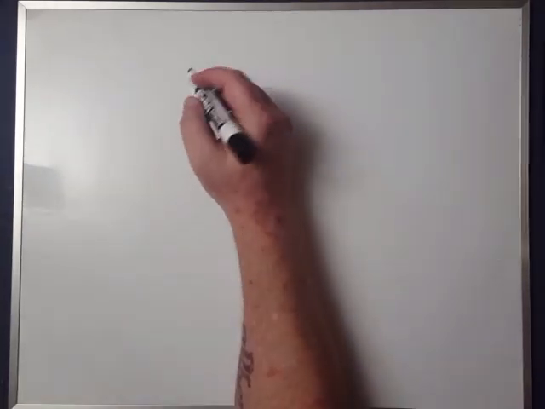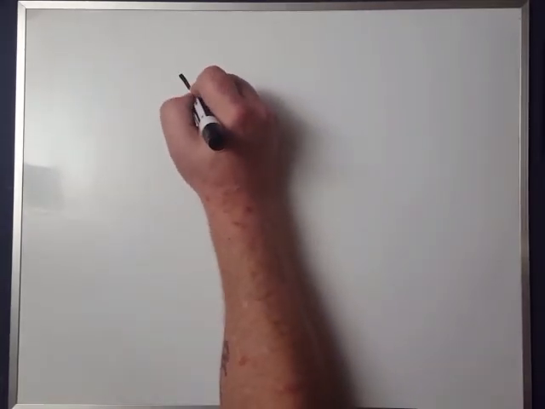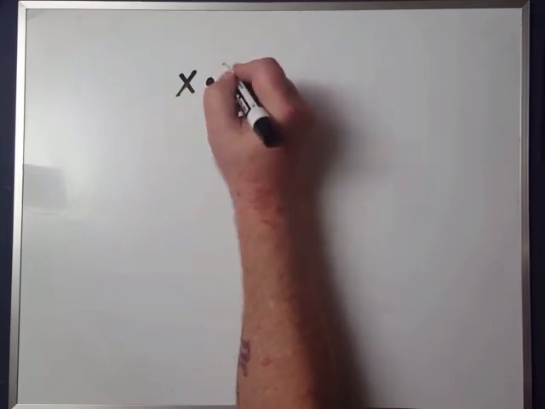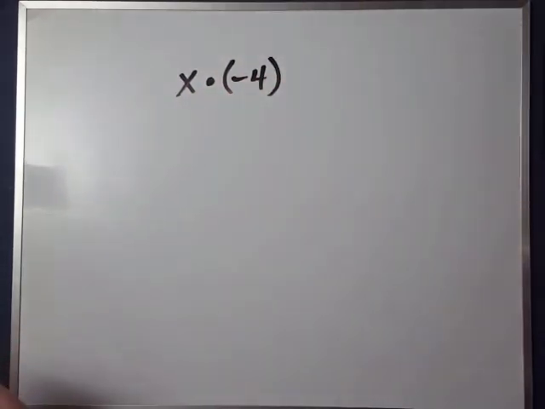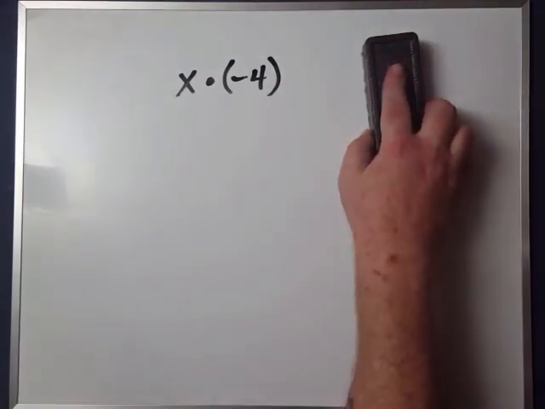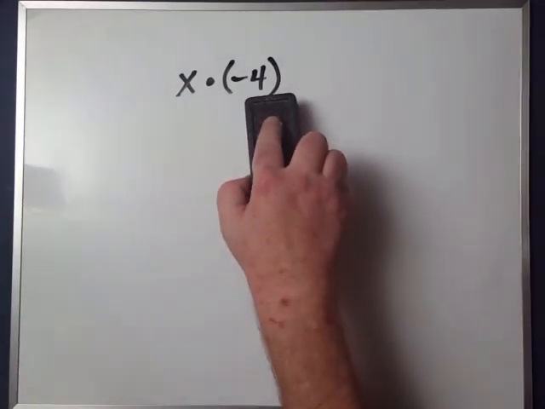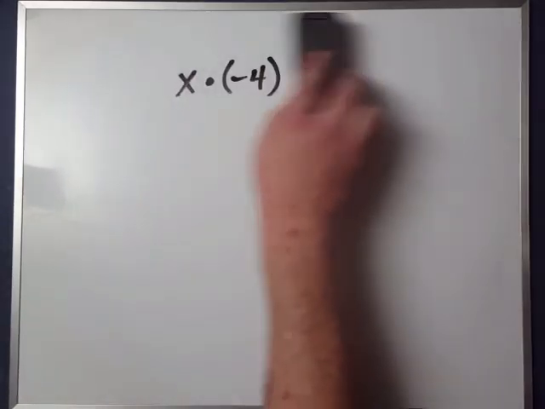So now, a piece at a time. When a number is multiplied by -4. Okay. Now, strictly speaking, that would be a number times a -4. But in algebra, we almost always put our numeric factors in front of our variable factors.